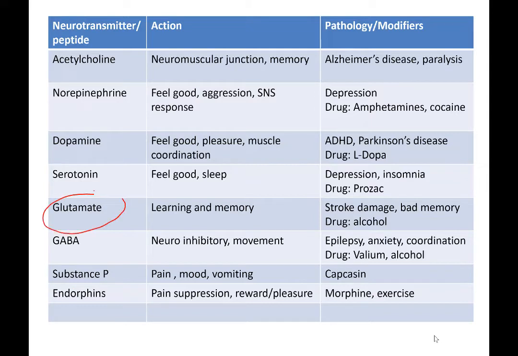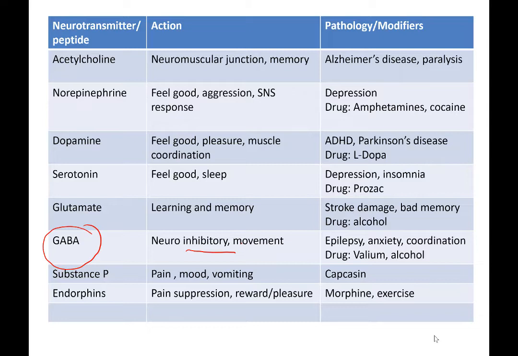Glutamate is going to be, think of your learning and memory, and you don't want to drink alcohol with it because you're going to impair laying down those memories. You want to be able to establish some long-term memories. Alcohol interferes with that. GABA is going to be our only inhibitory neurotransmitter.